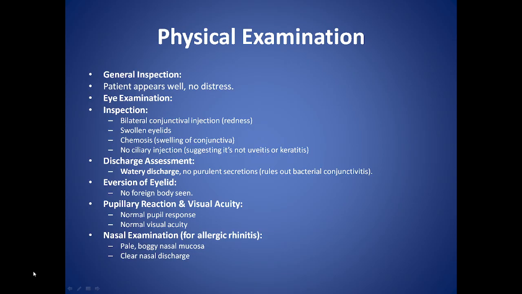We can say the discharge is watery and not purulent secretion, which rules out bacterial conjunctivitis. We can check the eyelids for foreign body, which we couldn't see in this case.